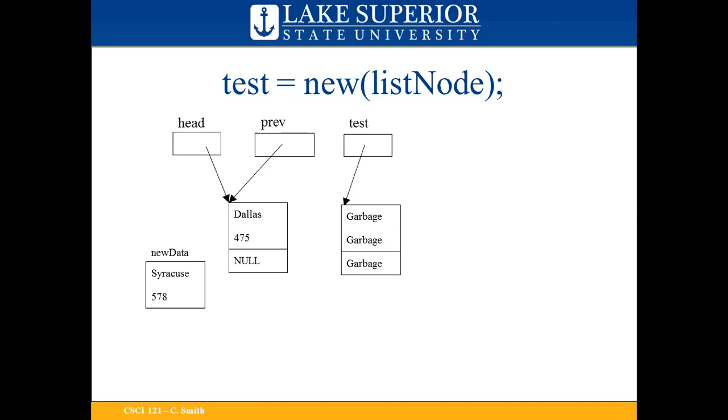Test is pointing to it. And now we're going to say test arrow next equals null, okay? I like to do my pointers first and then the application data, simply because it's the way I've always done it. So in this case, I'm going to set the next equal to null.